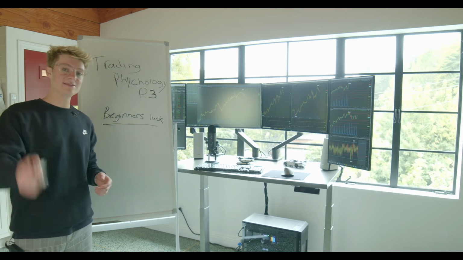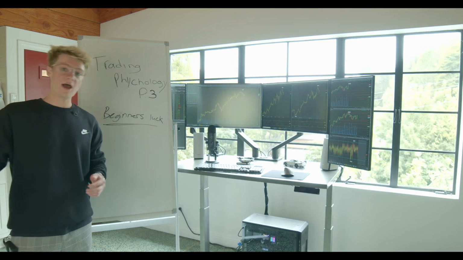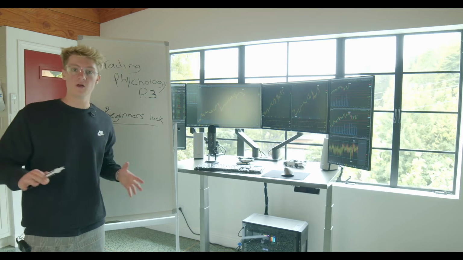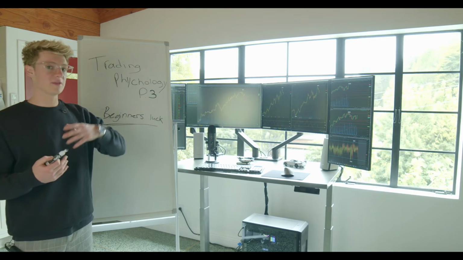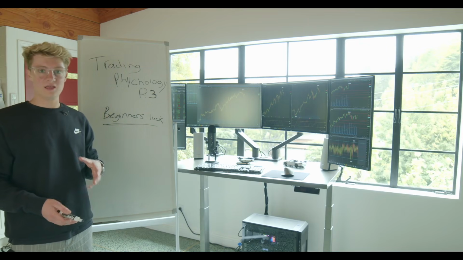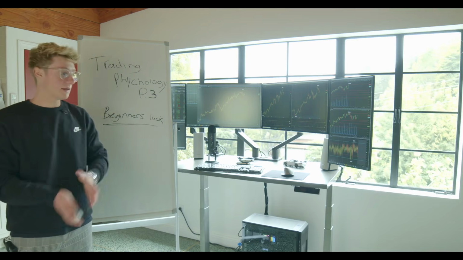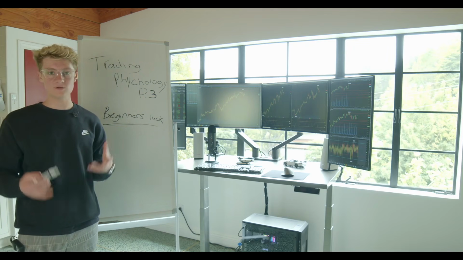Because you have to identify what is working for you. And in order to do that, you have to be able to have this level of consistency, because we are here as traders for the long run. We're not here to make a couple $100,000 in a year or two, and then proceed to lose that all because we haven't been able to find any consistency within our trading.